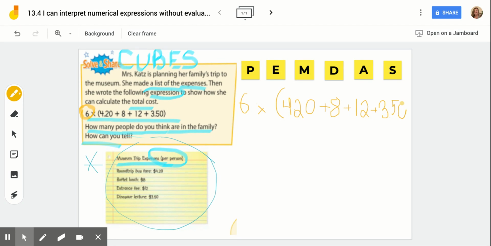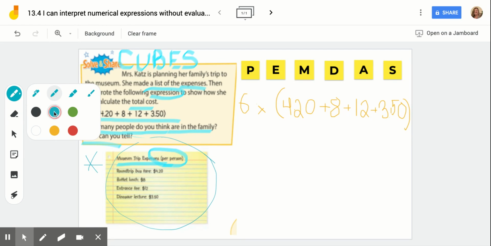Sorry, it's really hard to write on this mouse pad. Okay, that's a decimal. So this right here is my total per one person. This 6 represents the total in my parentheses, because we do that first, 6 times.